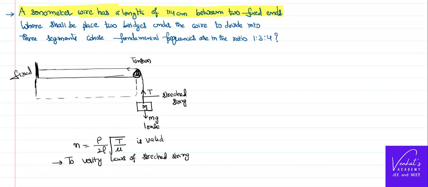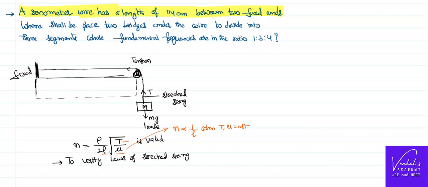What are the laws of stretched strings? They are very simple, and they are all derived from this equation itself. From this equation, when tension and linear density are constant, frequency is inversely proportional to the length of the stretched string. These are very simple laws. This is called the law of lengths.